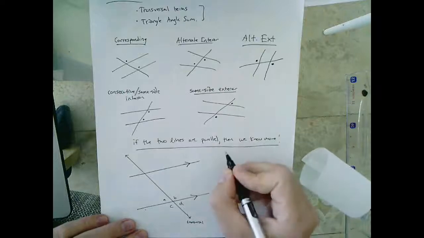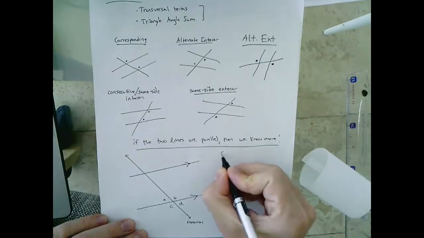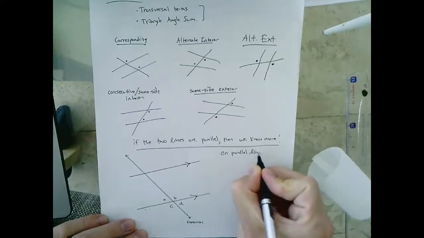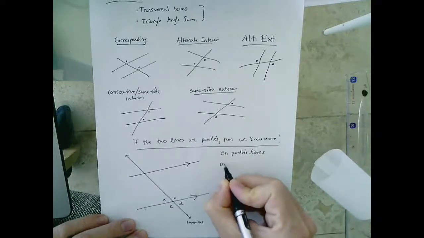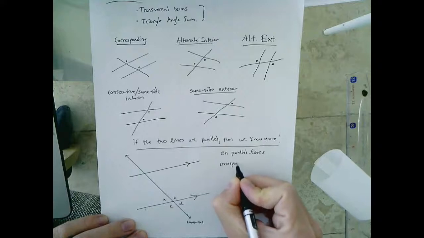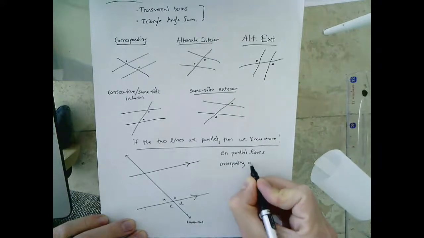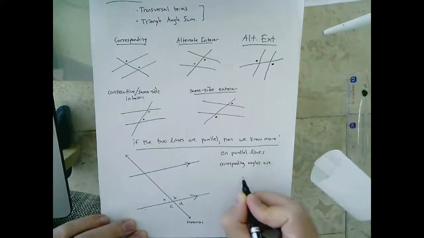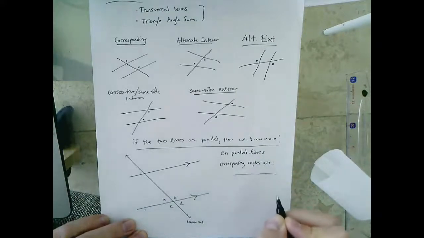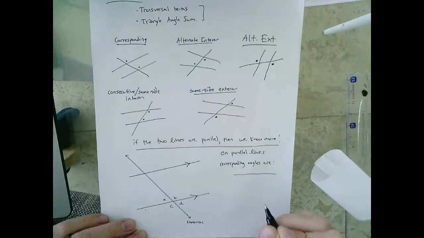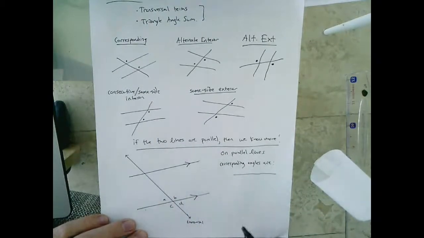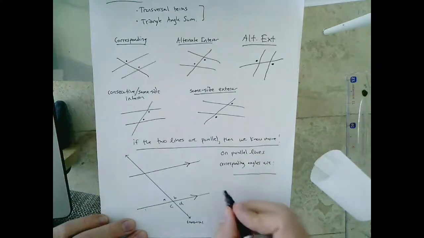So on parallel lines right here, corresponding angles are what? Pause the video, talk to someone around you, talk to yourself. What word should go in here if we're on parallel lines right here? And then I'll keep going on.